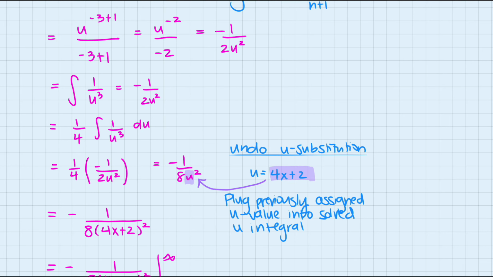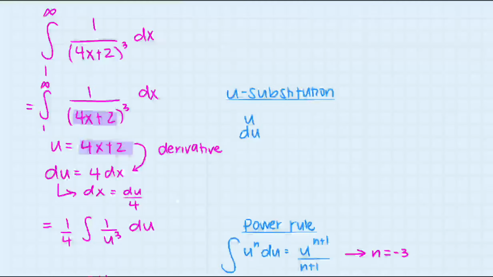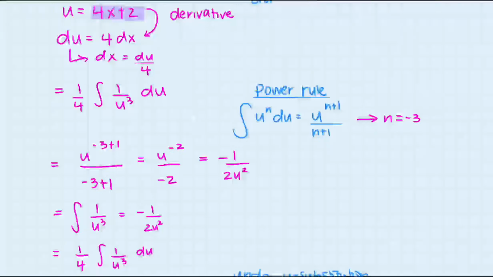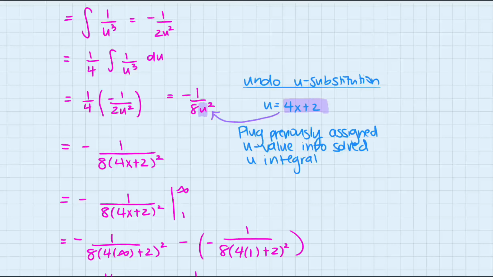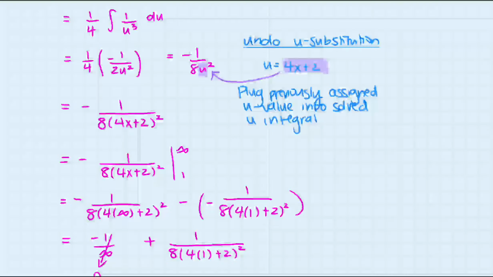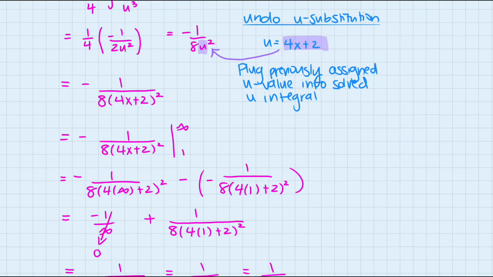Since the original equation was given in terms of x, we have to undo this u substitution. We had u equals 4x plus 2, so we plug that back in. We have negative 1/8 times (4x plus 2) squared.